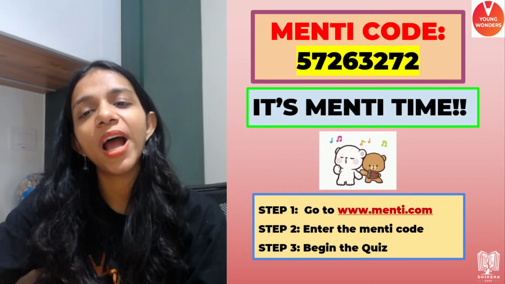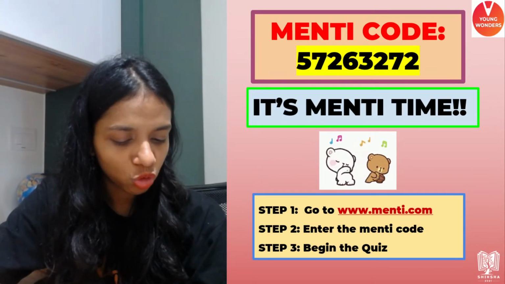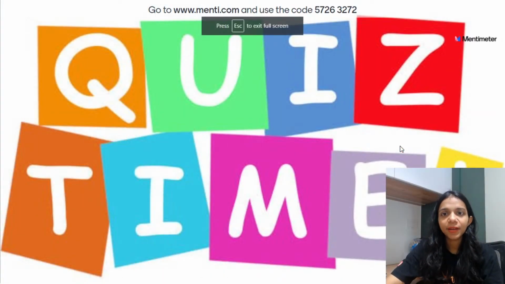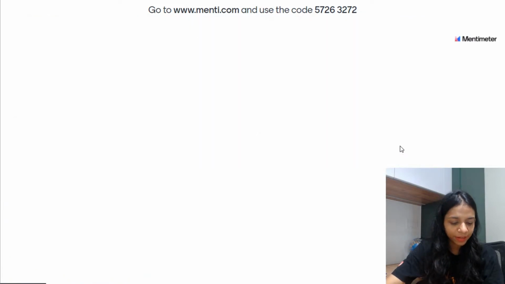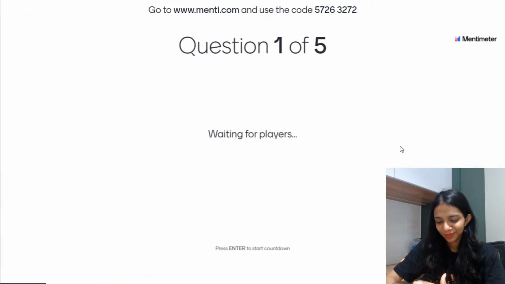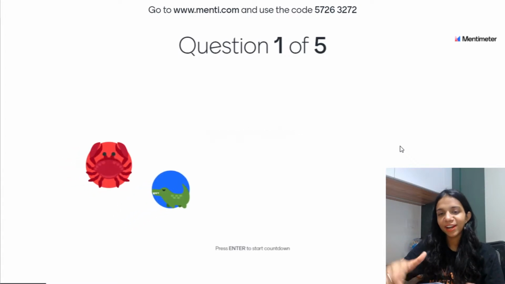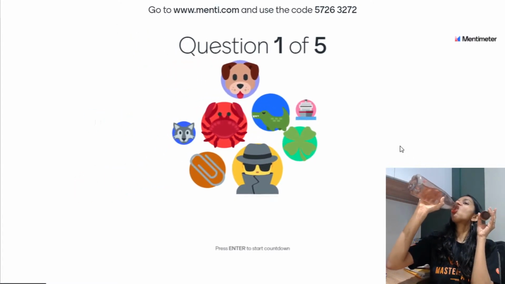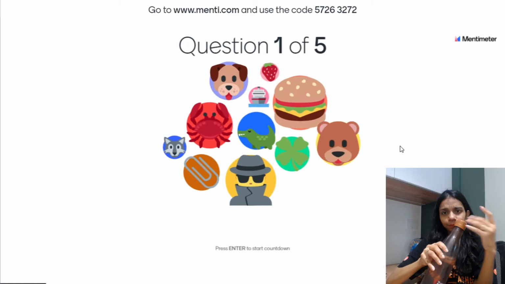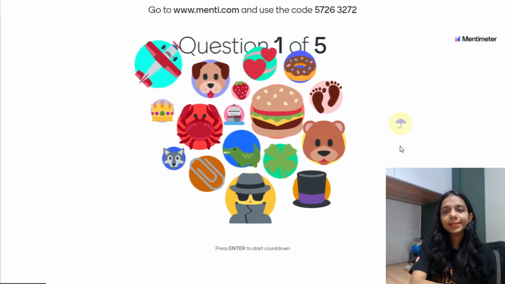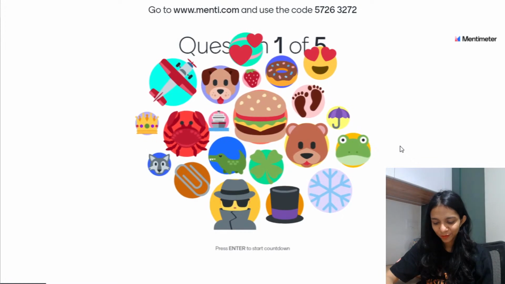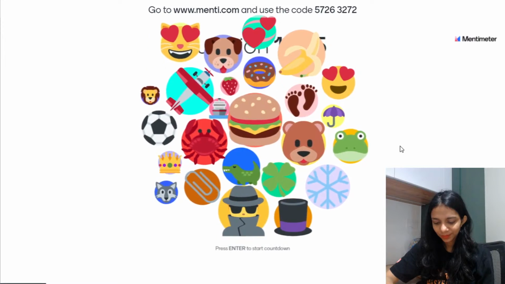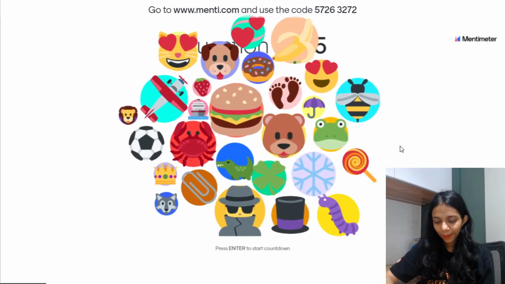Alright, let us move on to Menti. www.menti.com. Your code is 57263272. आ जाओ. वाह Shavya, that's so sweet. हाँ, पानी पी लेते हैं हम पानी.